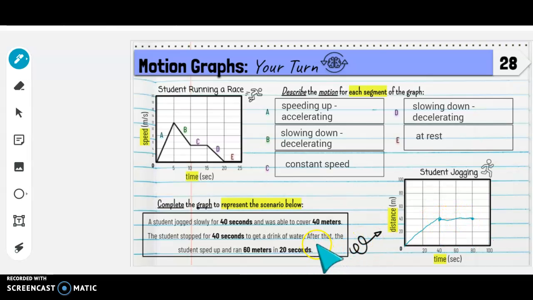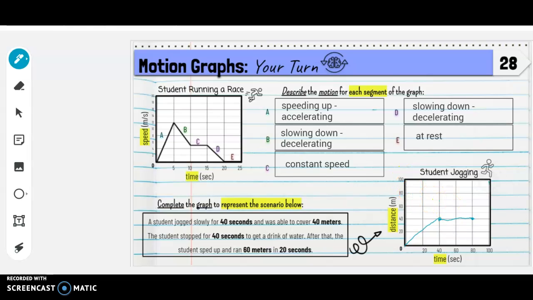Then the last piece of information says after that, the student sped up and ran 60 meters in 20 seconds. So from 80 to 100, that's my 20 seconds. The student is currently at the 40 meter mark, and I need 60 meters more. So 20, 40, 60 would take me up to 100.